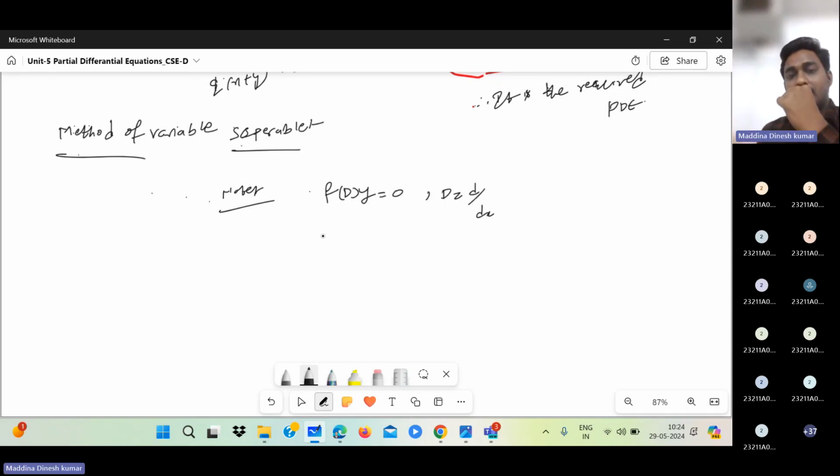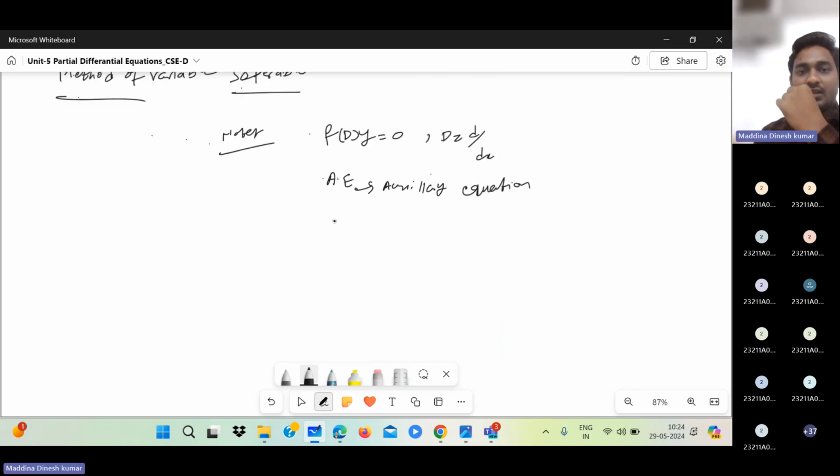And suppose the roots of the auxiliary equation, A.E., are minus m comma m.